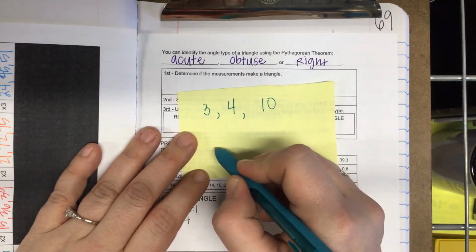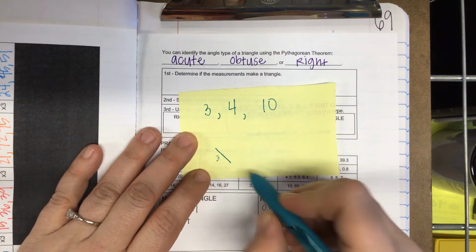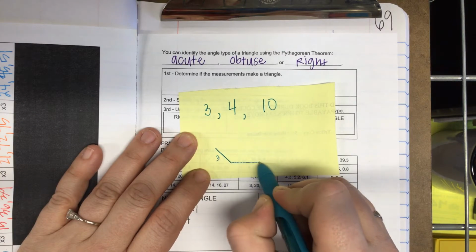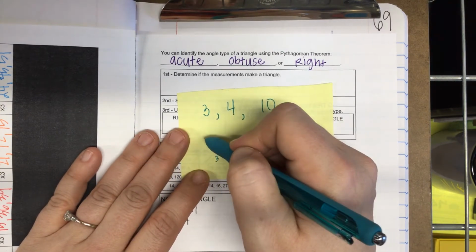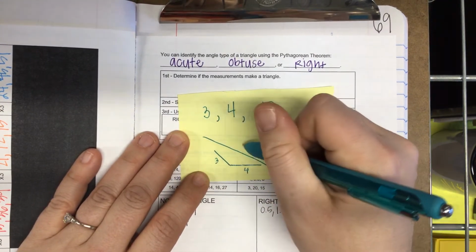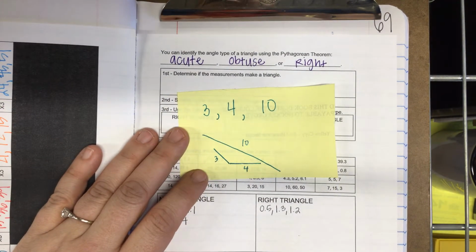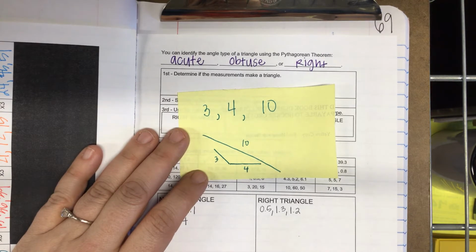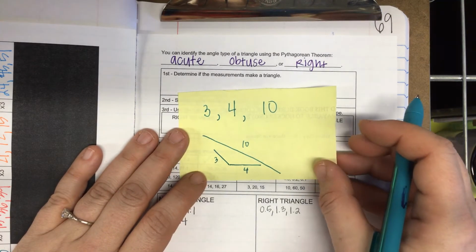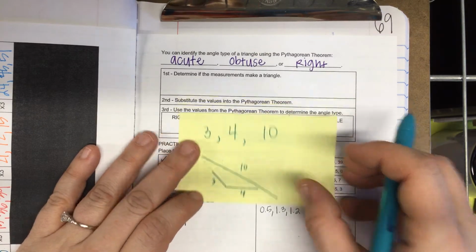Well, if I had 3 and this one was 4, but then I have a side length of 10, is that going to work? No, that doesn't even make a triangle. Right? So we have to check to see if they make a triangle.